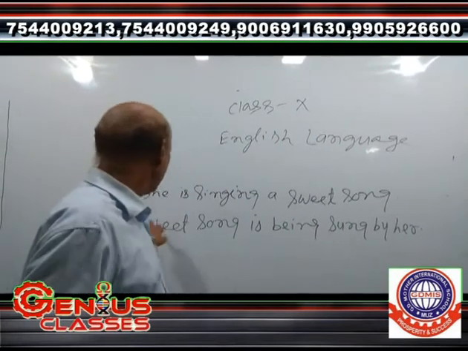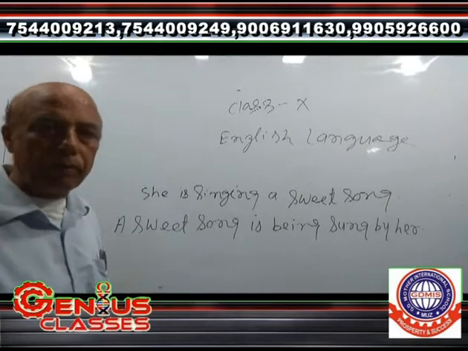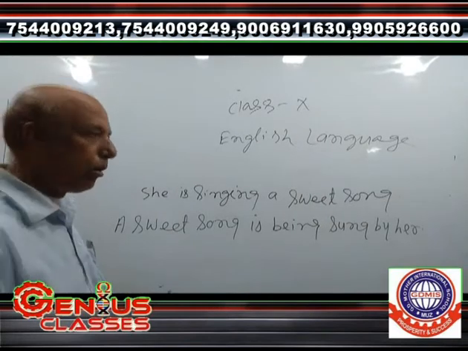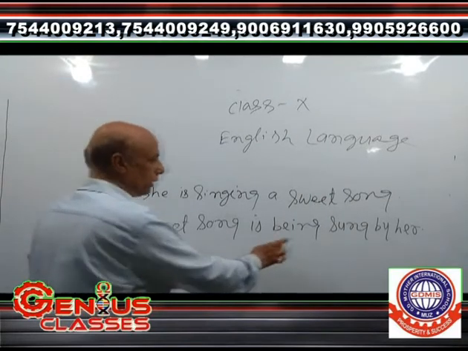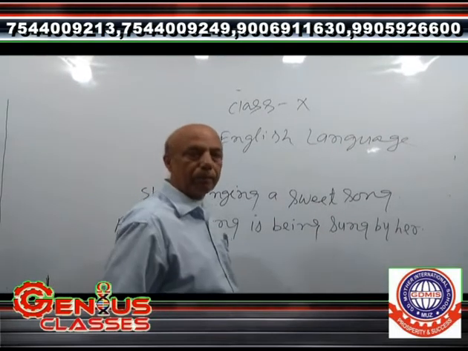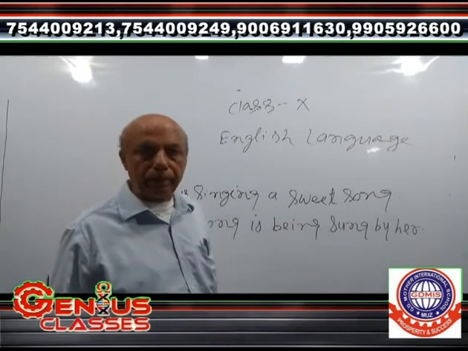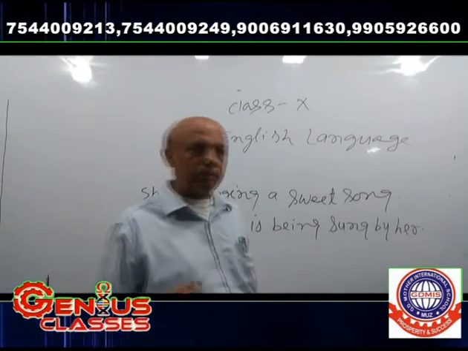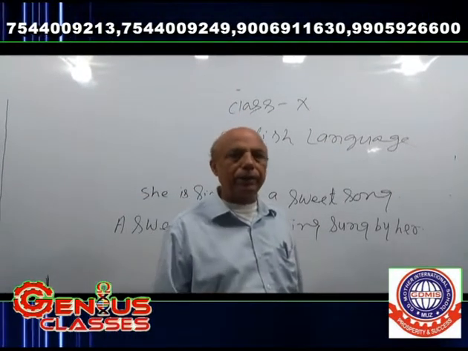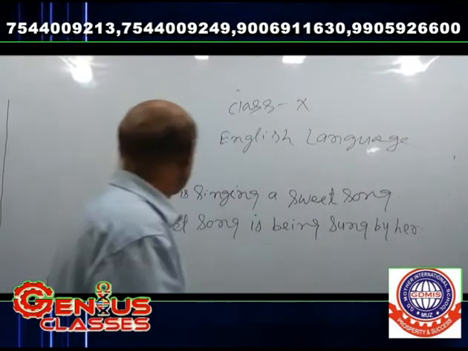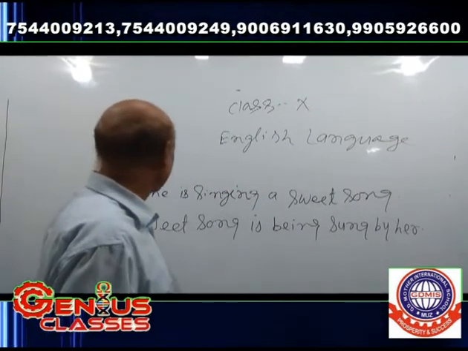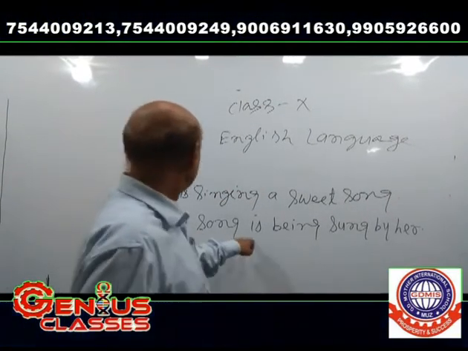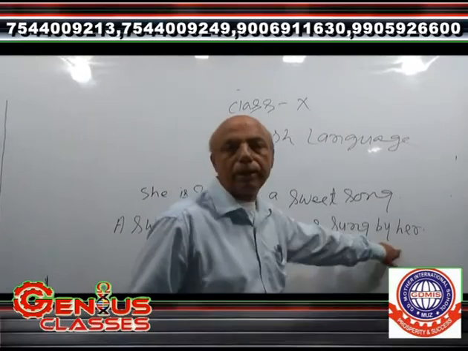I have applied all the four fundamental rules, along with the new rule that being is applied especially in changing from active to passive of present continuous tense. So here it has been written, a sweet song is being sung by her.